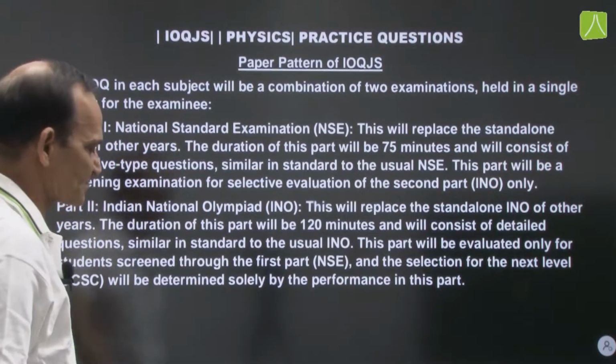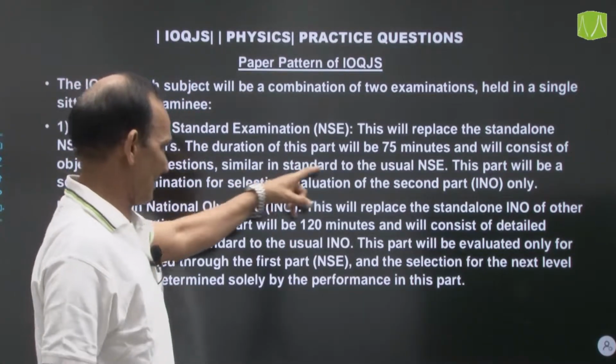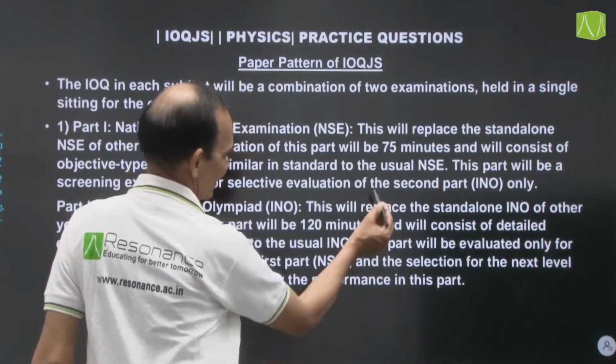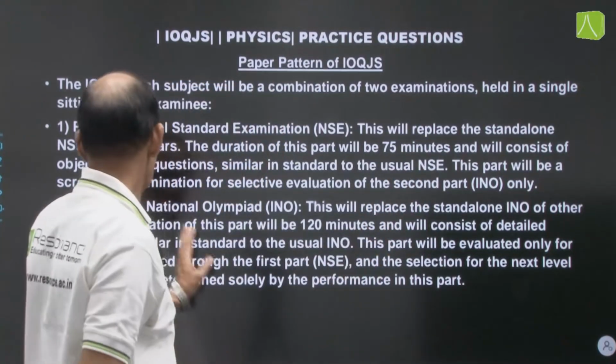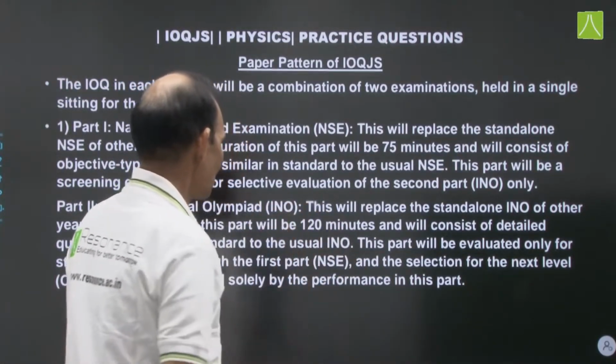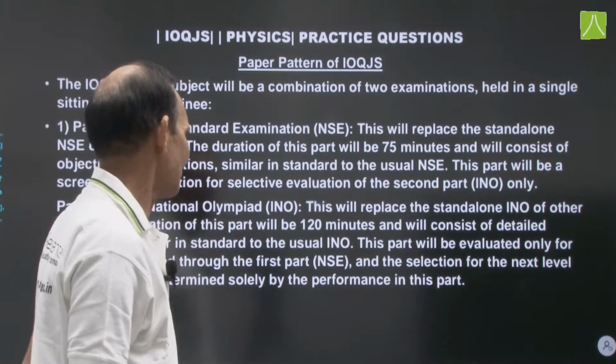These 2 papers will be held on the same day in the first sitting. The first paper is of 75 minutes and the second part is of 120 minutes. There will be only a 15-minute gap between the first part and the second part.